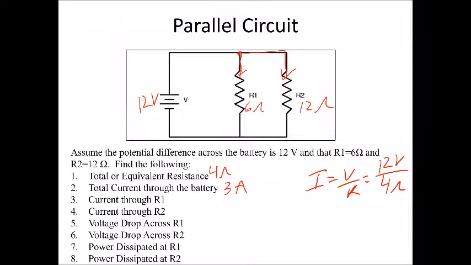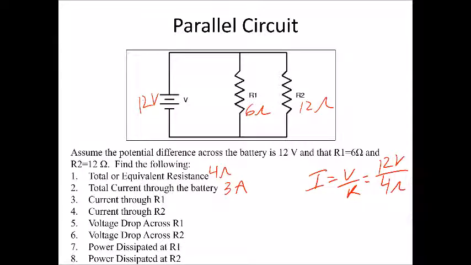Next, we're asked to find the current through resistor 1 and resistor 2 and the voltage drop across resistor 1 and 2. Important thing to remember, voltage drop or voltage measures the amount of potential energy per unit of charge. If we have a truly parallel circuit, not a mixed circuit, the voltage drop across each branch is going to be equivalent to the voltage drop across the battery.